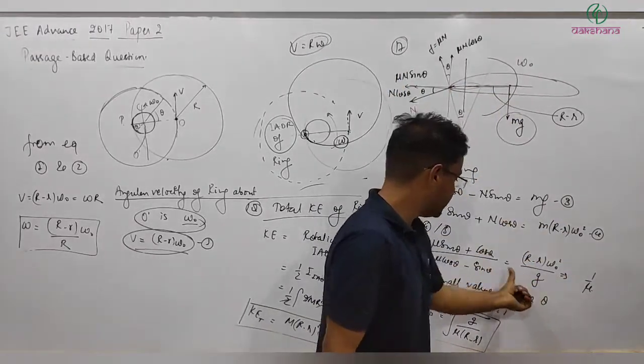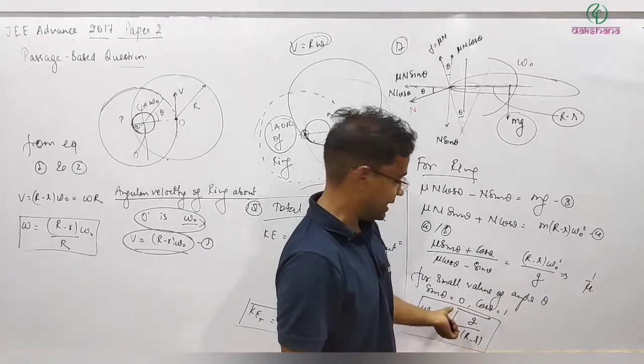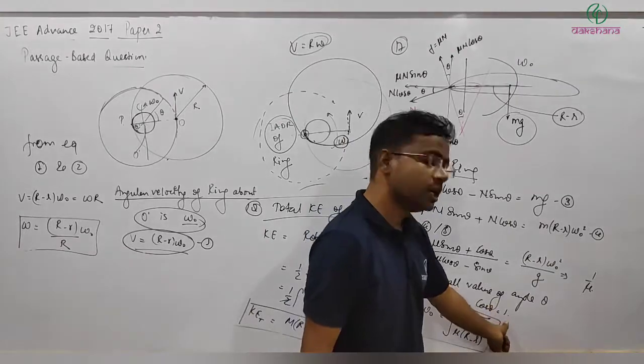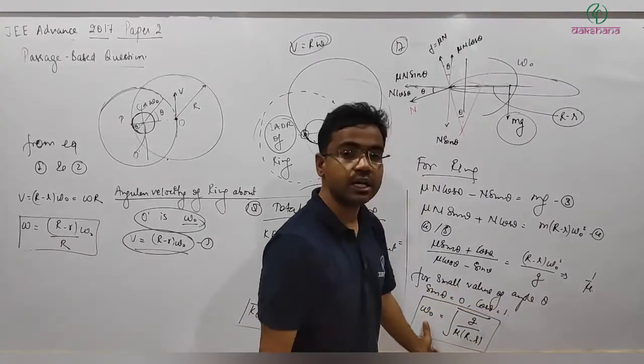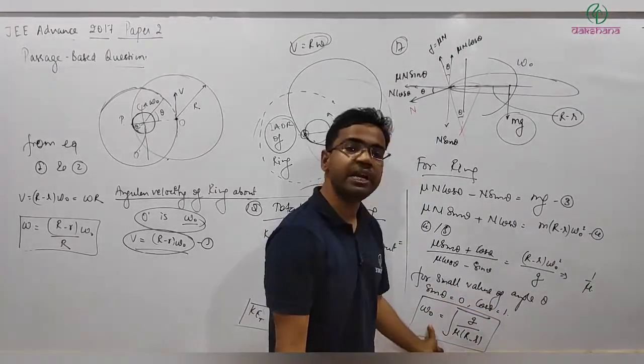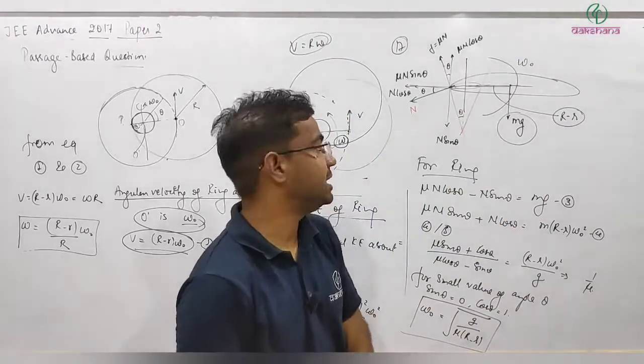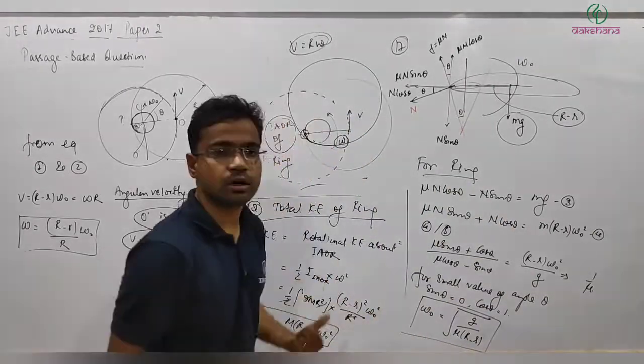Solving, we get this relation. Here we use an approximation, small theta, so sin theta is approximately 0 and cos theta is equal to 1. Substituting, we get the corresponding minimum omega naught so that the ring does not slip down. So this is all about this problem.